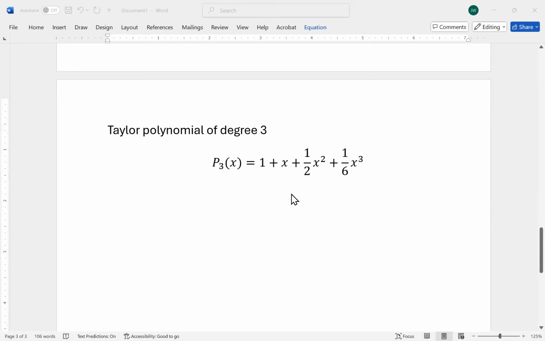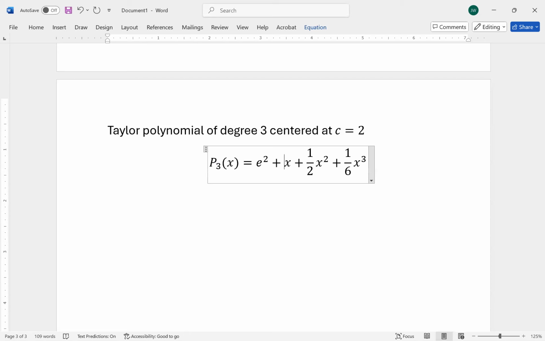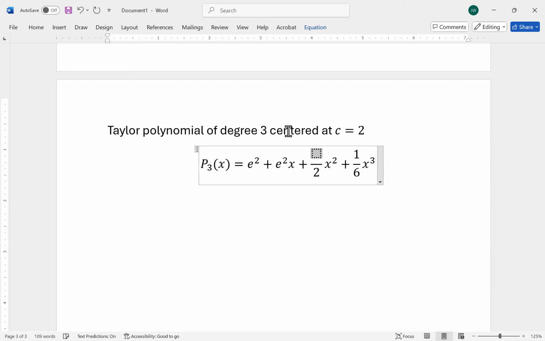So what does that mean? My Taylor polynomial of degree 3 has to be centered at 2. Well, first thing I'm going to do is say my constant has to be e squared. Coefficient of x term has to be e squared. Now we're not using x, rather we're using x minus 2.